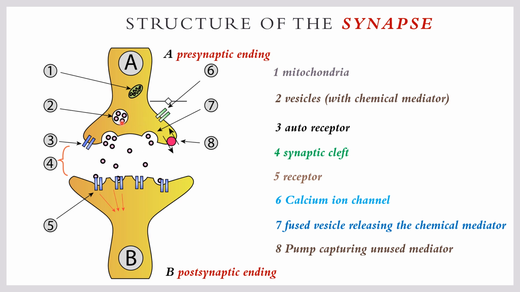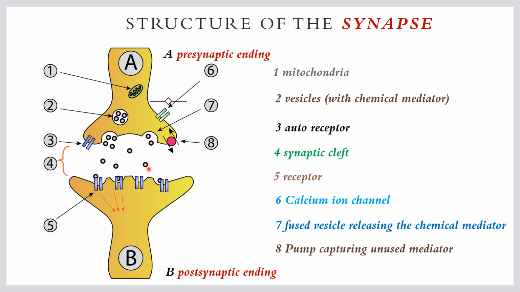Those are also called synaptic vesicles. The synaptic vesicle will bind to the presynaptic membrane, and then release the neurotransmitter into the synaptic cleft, the narrow space between those two neurons.